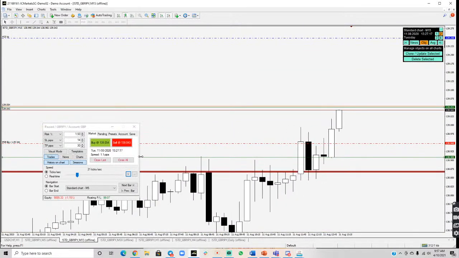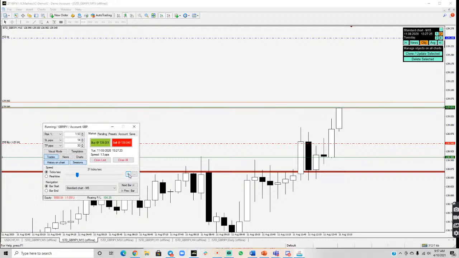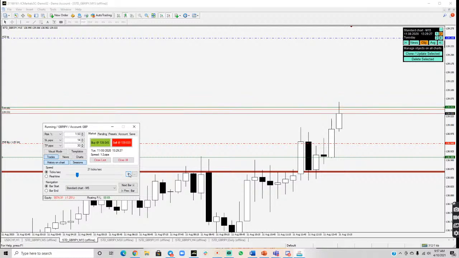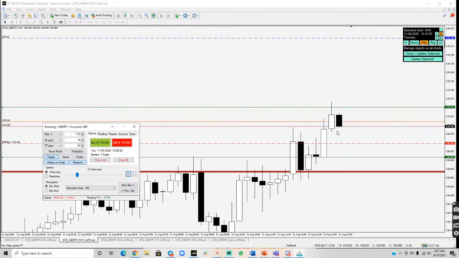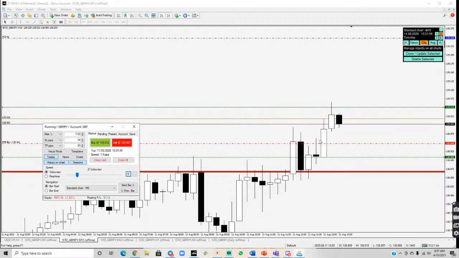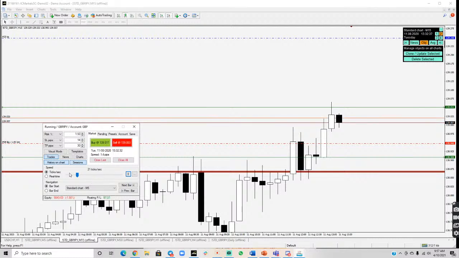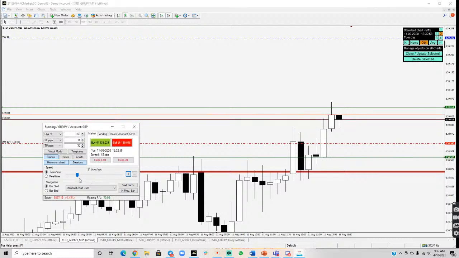Even if you're not going to secure any position, at least move your stop loss to entry and just leave the position. And at the same time, you're accepting the fact that you might get stopped out at break even, all right? That's the thing about break even when you move stop to entry.